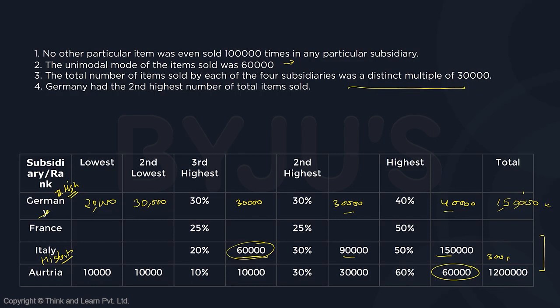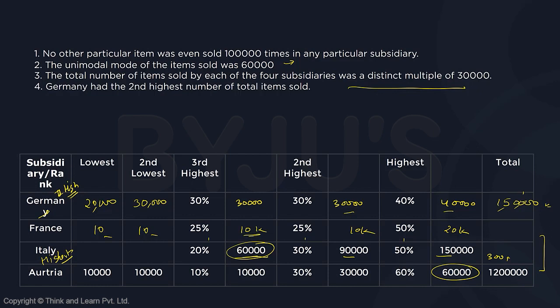If I take this ratio as 1:1:2, I can take 10,000, 10,000 and 20,000. But in that case, to make these two as second lowest and lowest, I need to make this also 10,000, because it cannot be more than this 10,000, right?